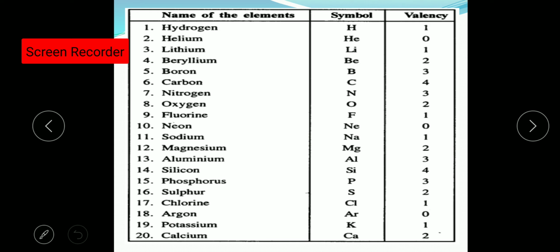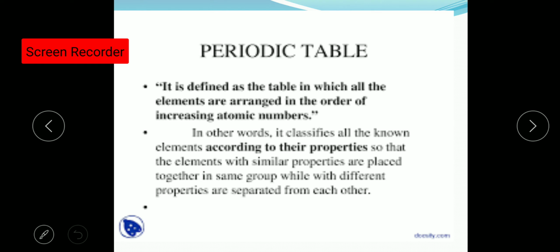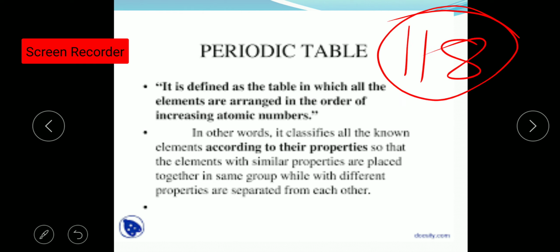Now we have to see what the periodic table is. The periodic table is defined as the table in which all the elements are arranged in order of their increasing atomic number. Earlier, there are 118 elements, and to study their physical properties, chemical properties and all other properties would be very difficult to remember.